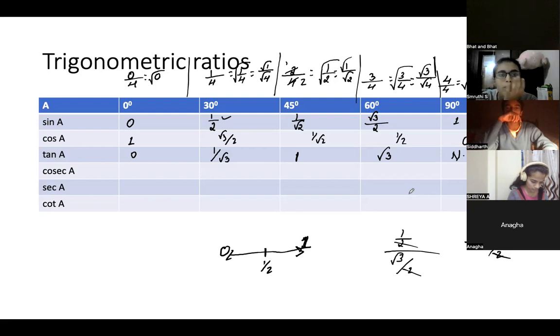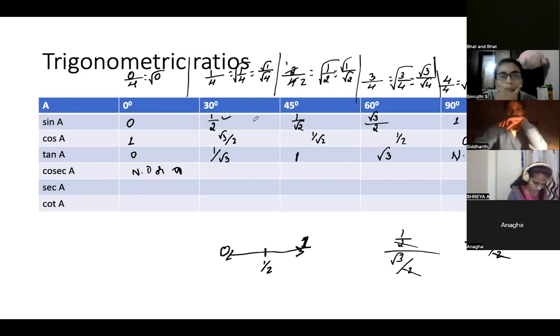Okay. Now, can you tell me for cosecant? Cosecant is reciprocal of sine, correct? You do it and tell me now. What will be cosecant 0? Not defined. 1 by 0 is not defined. Or you can say infinity, correct?